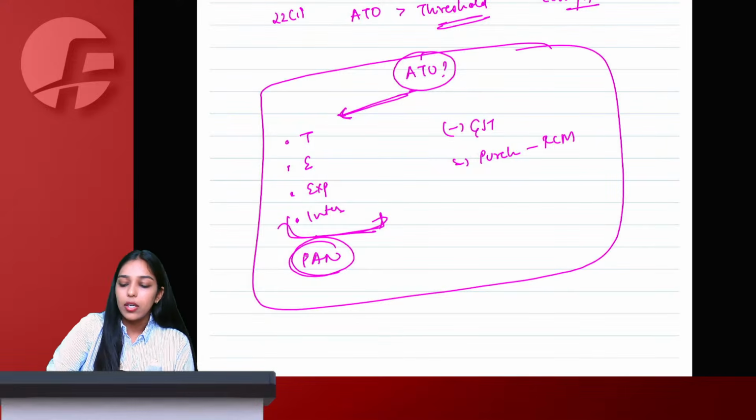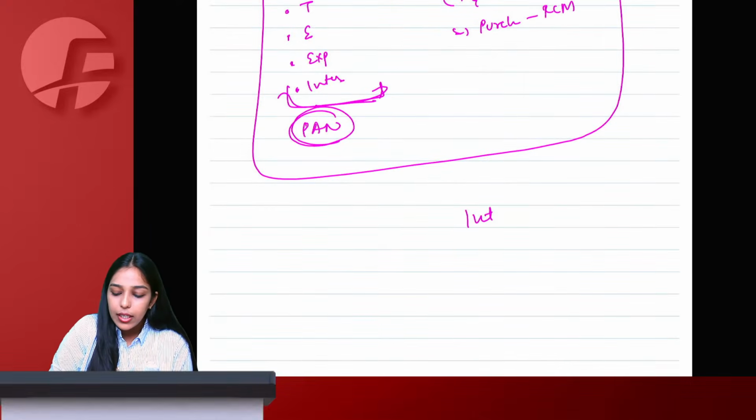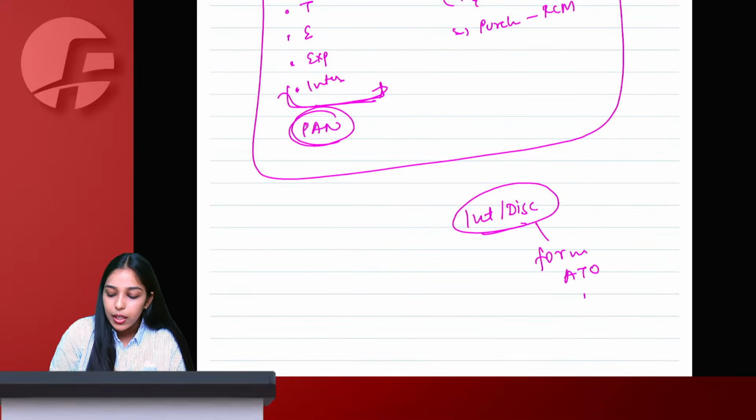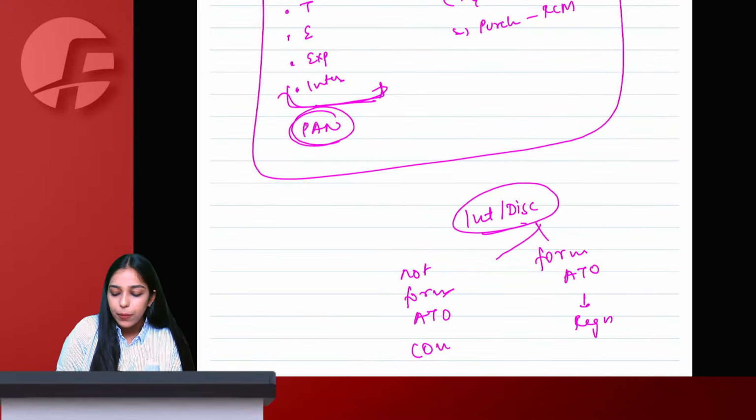That is all. This is the definition of aggregate turnover, which means the only difference is that if I am earning any interest or discount income on loans, deposits or advances, it will form part of aggregate turnover under registration, but it will not form part of aggregate turnover under composition.